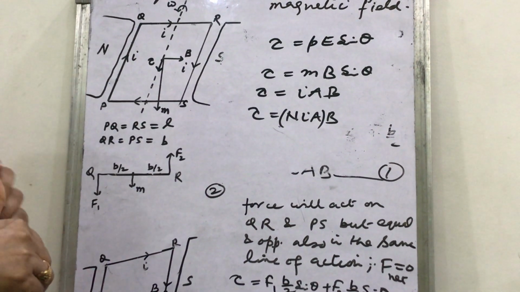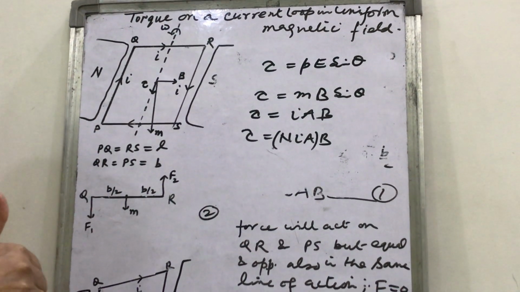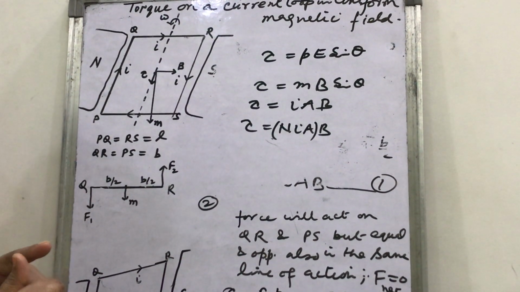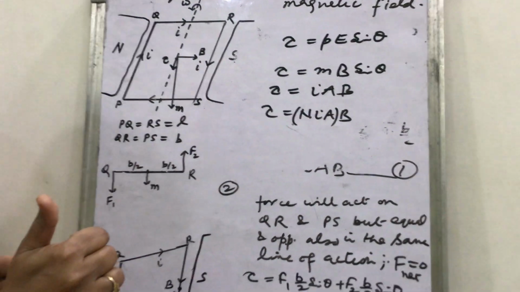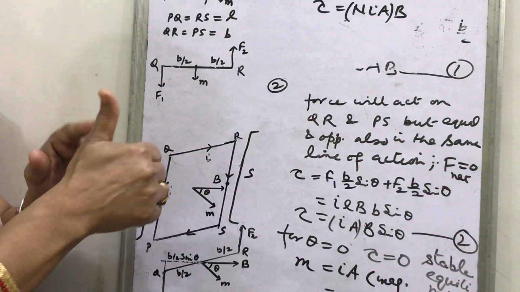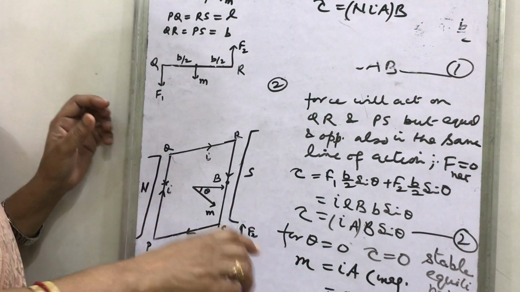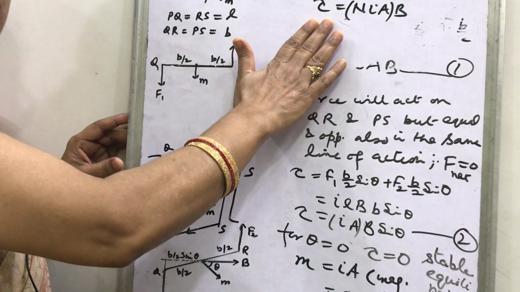What was the thumb giving earlier in determining the magnetic field direction? So M, area vector from right hand thumb rule, and its direction is given by the thumb. So in this way, what is torque?